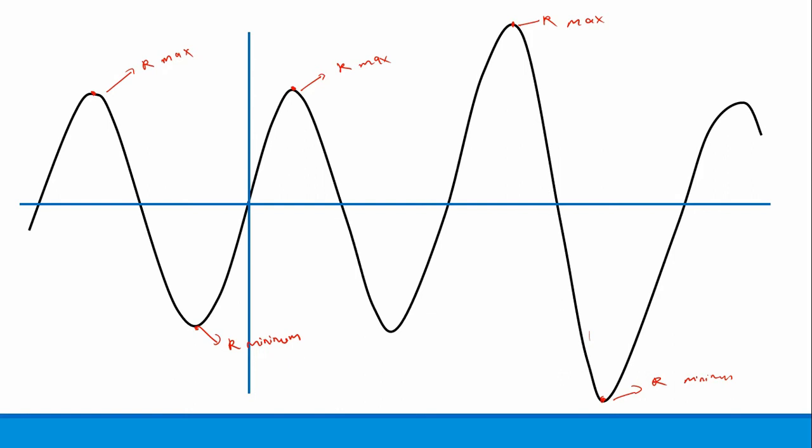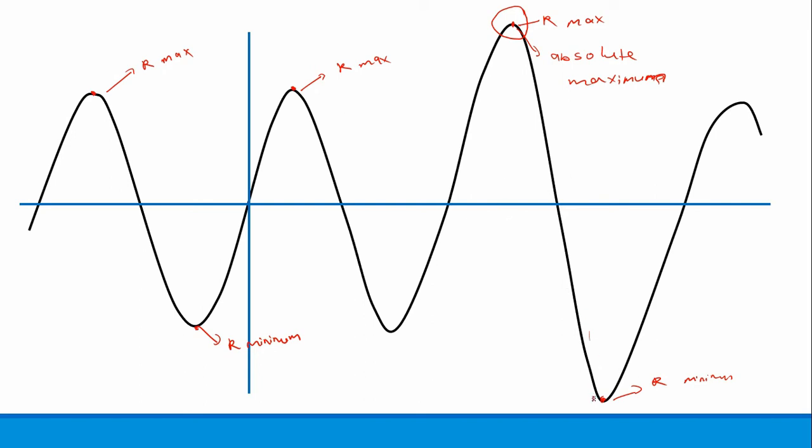However, between both of the relative maximums, this one is the higher one. What this means is that we also call it the absolute maximum, which means this is the highest one of all the peaks.